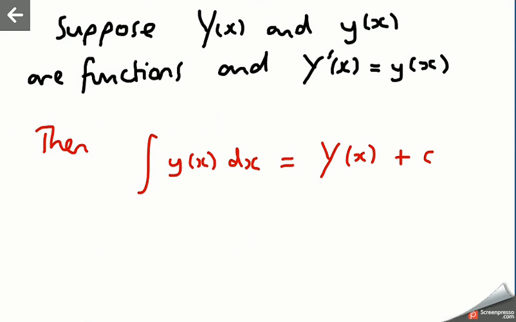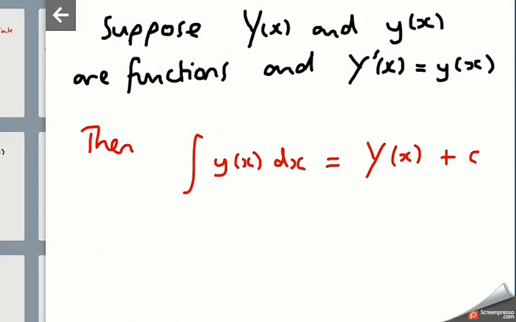So this says the antiderivative of little y of x dx with respect to x is equal to big Y of x plus c, where c is an arbitrary constant and big Y of x is any function that differentiates to give little y of x.